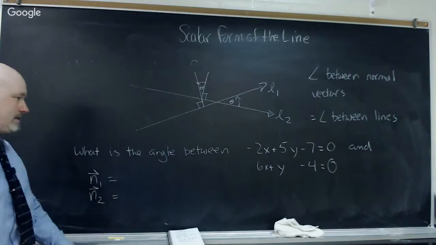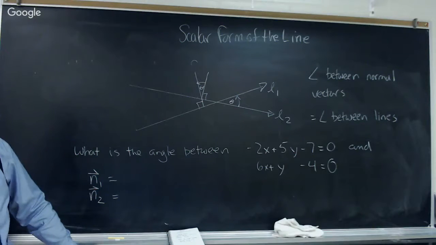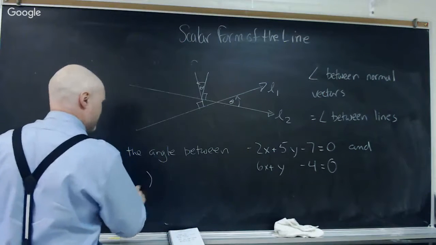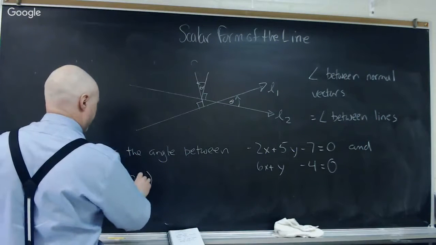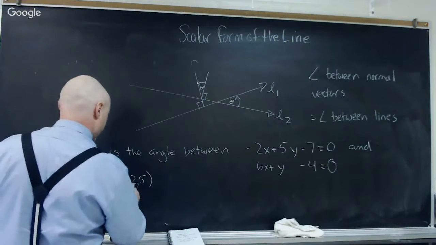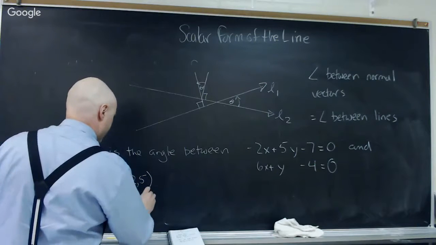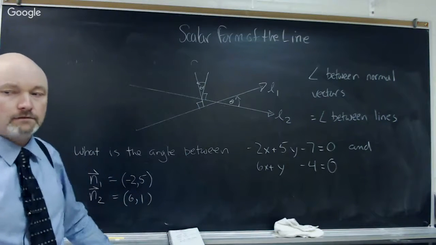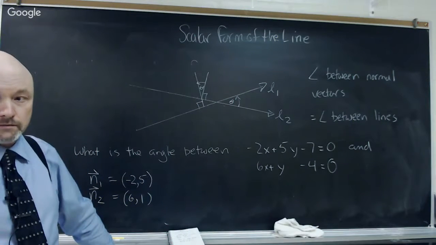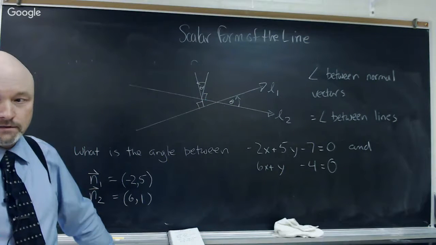So that's easy. Finding the normal vectors is easy. First normal vector, -2, 5. The second normal vector, 6 and 1. And we can find this angle theta using the dot product.